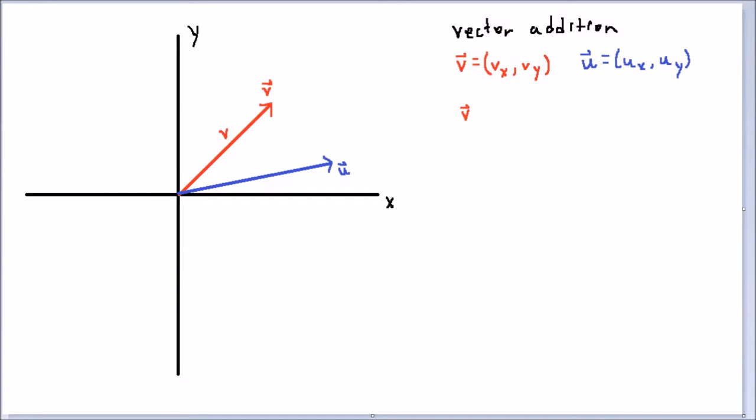So for instance, we have v plus the vector u is going to equal the new x component, which is v sub x plus u sub x, and the new y component is going to be v sub y plus u sub y.